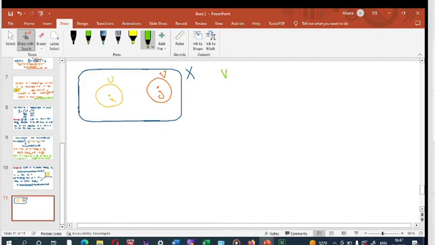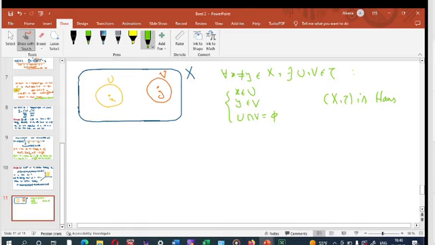For any X and Y in X, there exist U and V in tau such that we have these three properties: X belonging to U, Y belonging to V, and the intersection of U and V equal to the empty set. Then we say that X and tau is Hausdorff, okay?